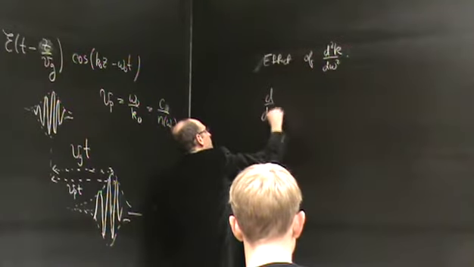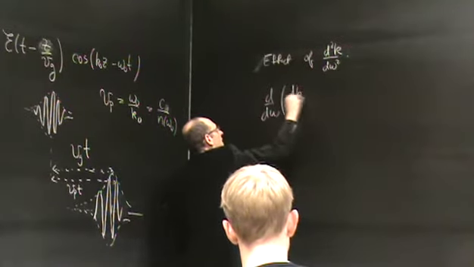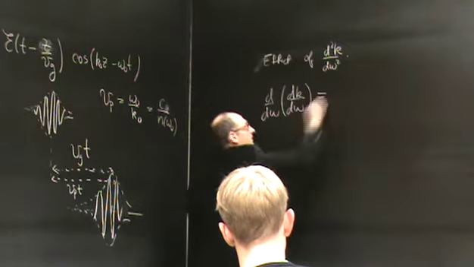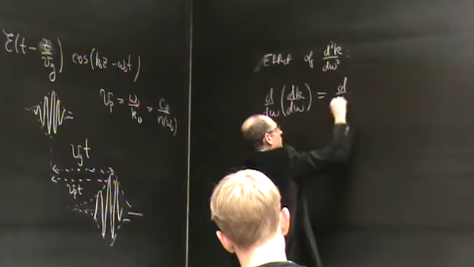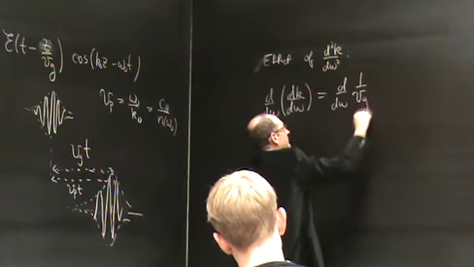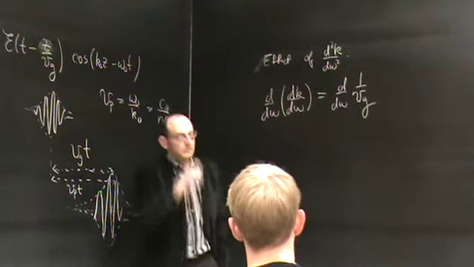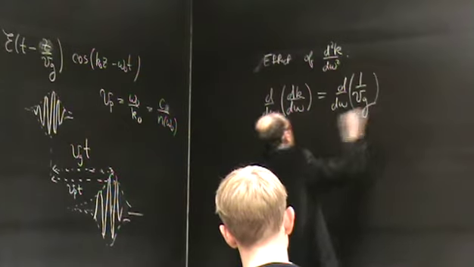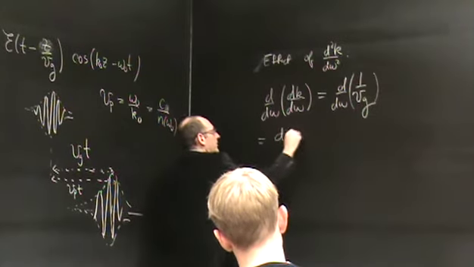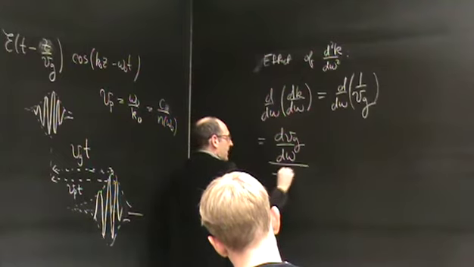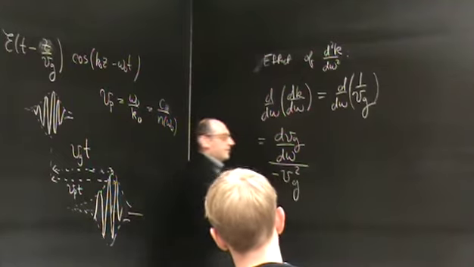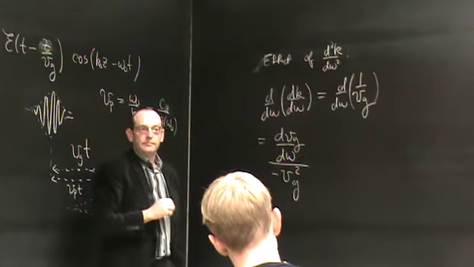Well, that's the derivative of dk d omega, which we said was 1 over the group velocity, which is equal to the derivative of the group velocity with respect to omega divided by minus v group squared.